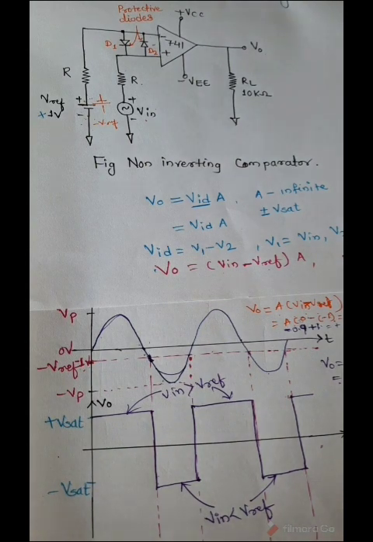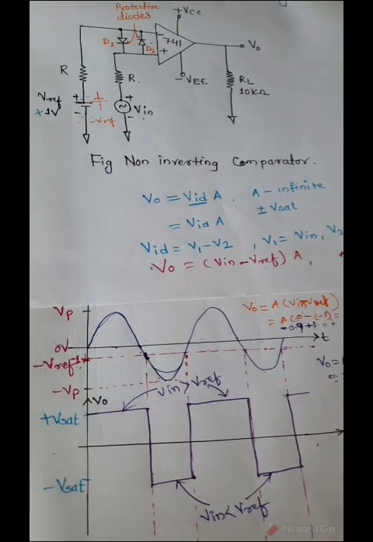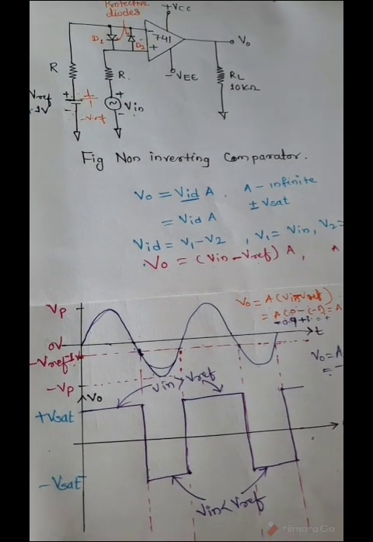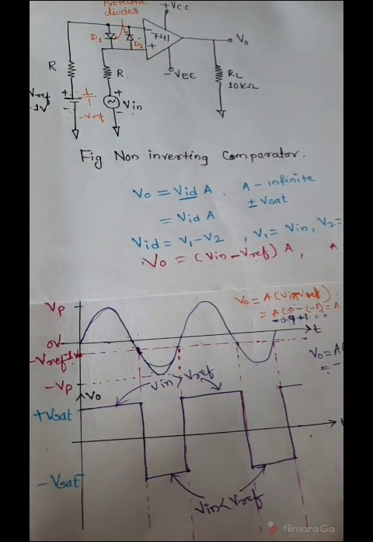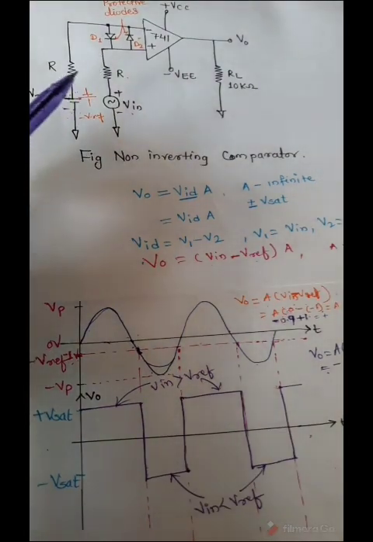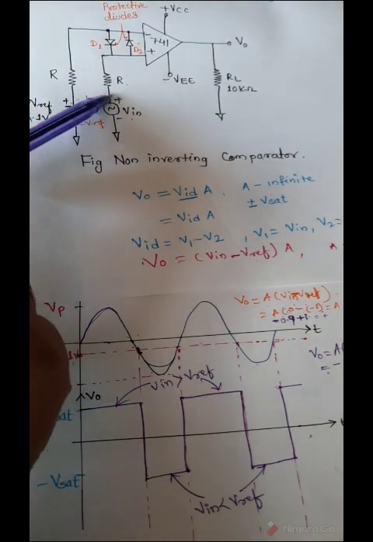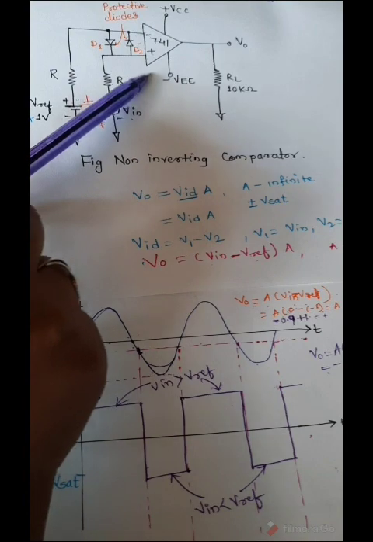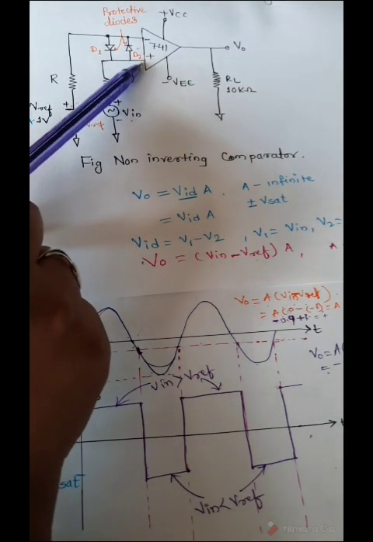Now in the same way we can design the inverting comparator circuit also. This is the non-inverting comparator circuit, because we have provided the sinusoidal, time varying input signal to the non-inverting input terminal.